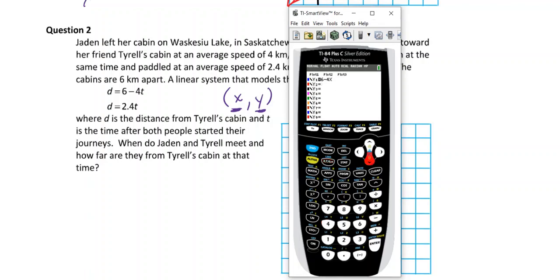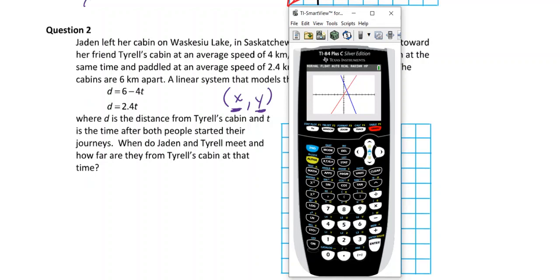And then I'm going to go down to the next one, and we're going to have 2.4 X. And let's see if we can figure out where these things cross. So now I'm going to go graph. Wait a second for them to draw. All right, so we should be pretty good to go there.